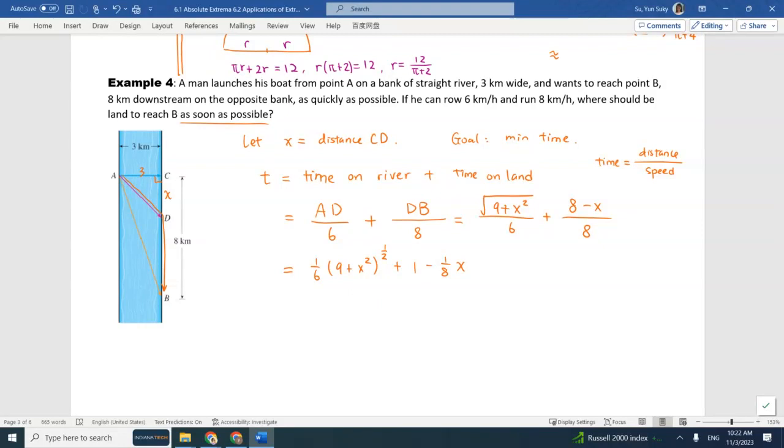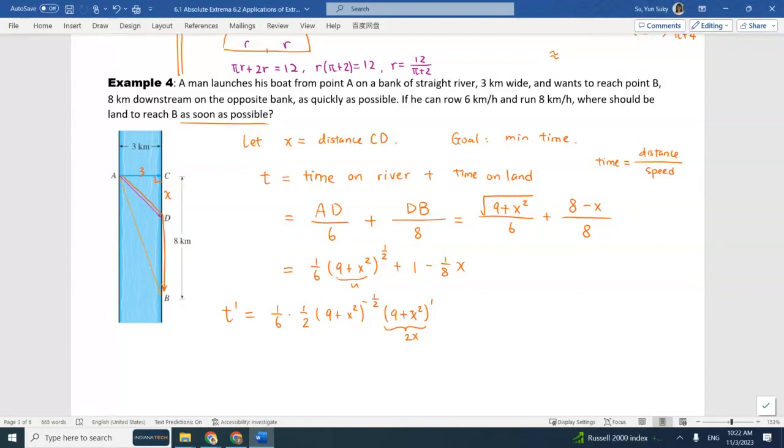Let's take the derivative. T prime. Do you see here we use the chain rule? So 1 over 6, u to the 1/2, derivative is 1/6 times 1/2 times u to the negative 1/2 times u prime, which is 2x.